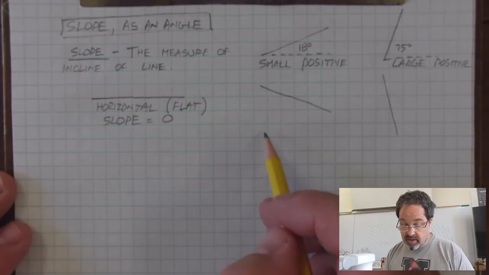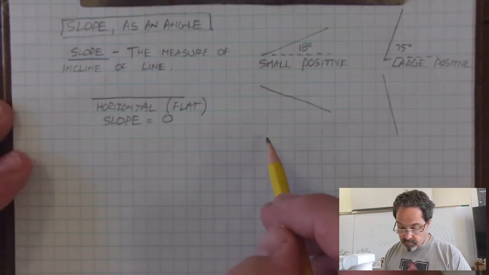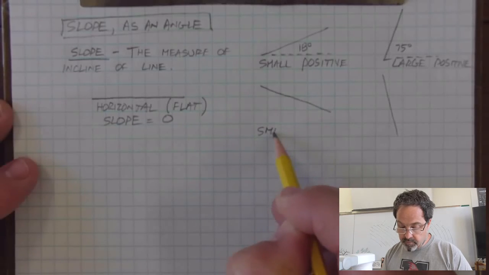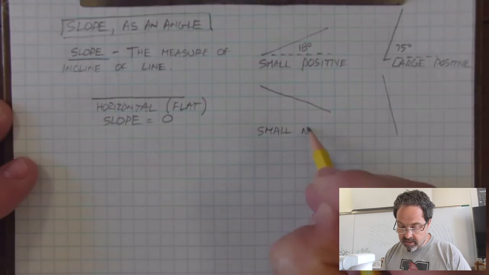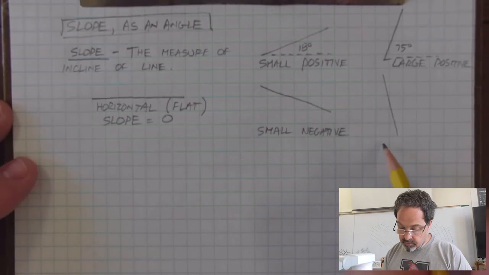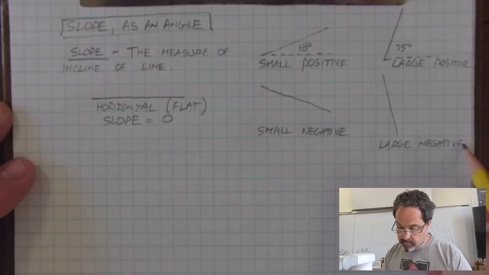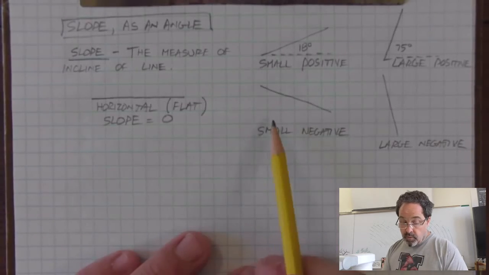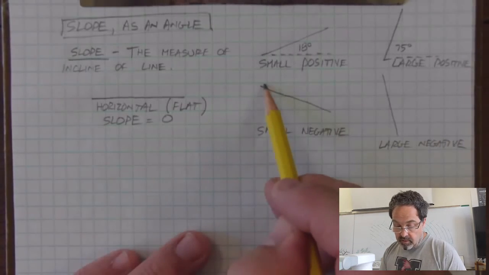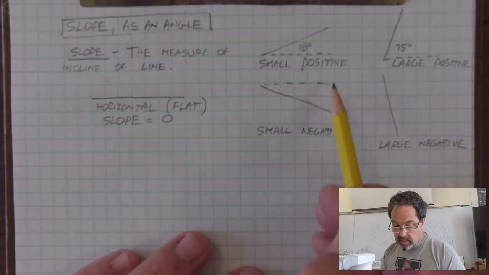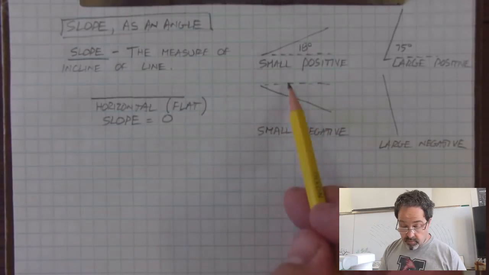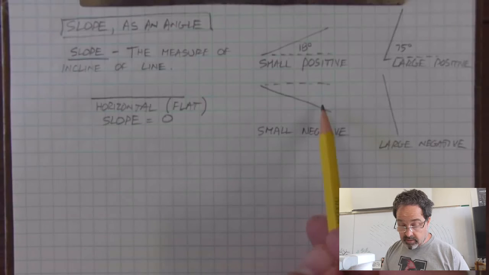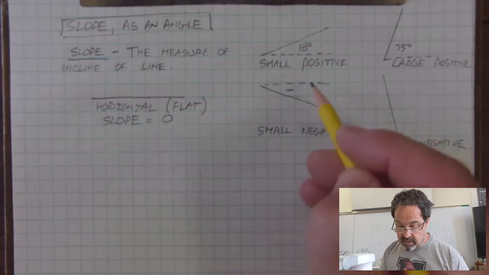These lines have negative slopes. They're sloped downwards. We could describe this as a small negative slope. And this here to be a large negative slope. This slope is negative because the angle between horizontal and the line would be a negative measure.